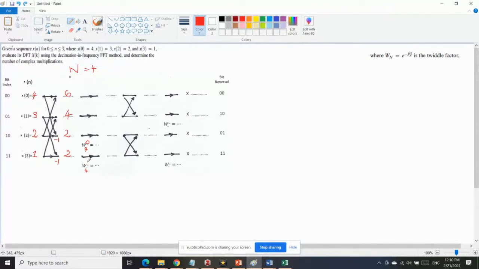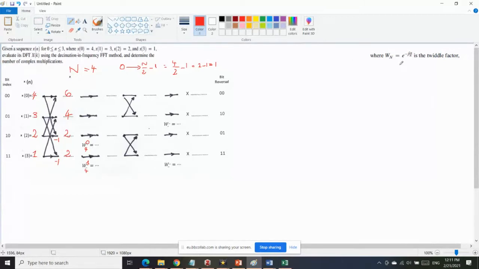It goes from 0 to n over 2 minus 1, which is 4 over 2 minus 1, so 2 minus 1, which is 1. So it goes from 0 to 1: 0 1.